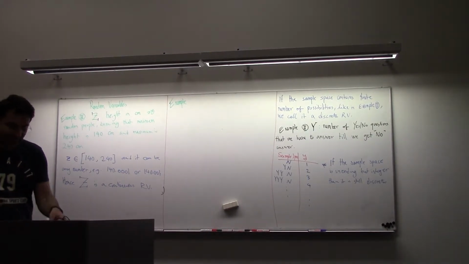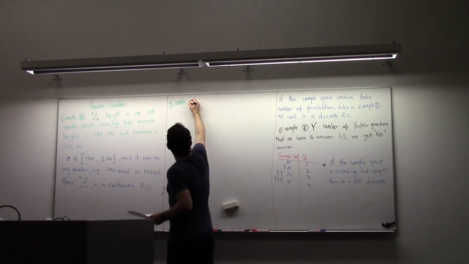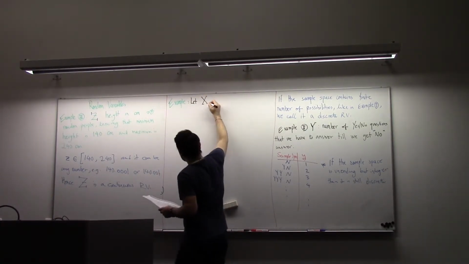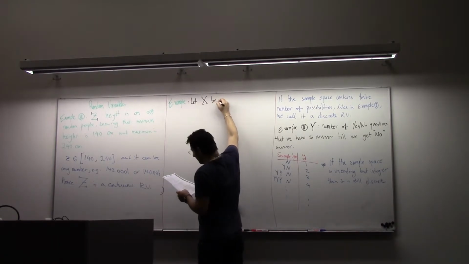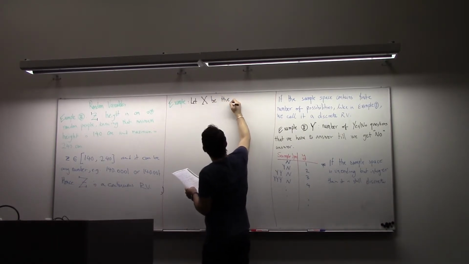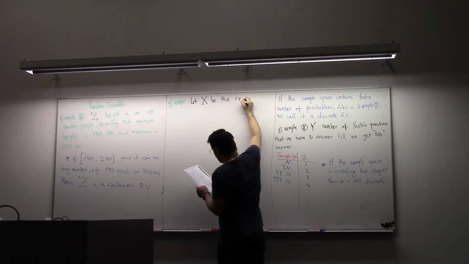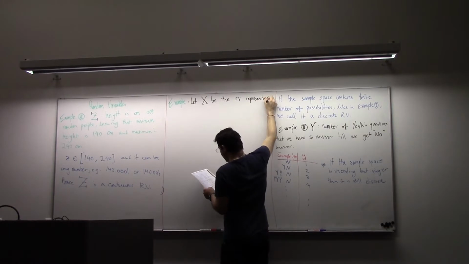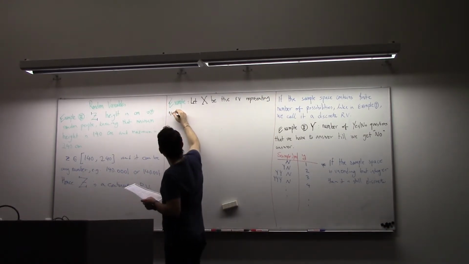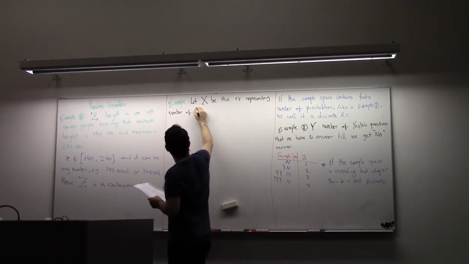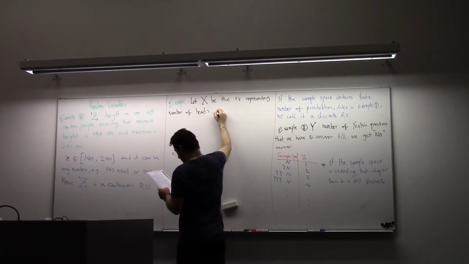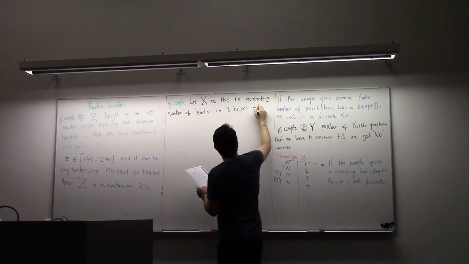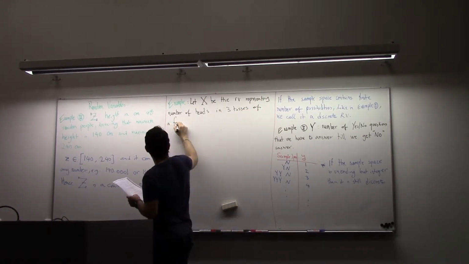The example is: let random variable X be the random variable representing the number of heads in 3 tosses of a fair coin.